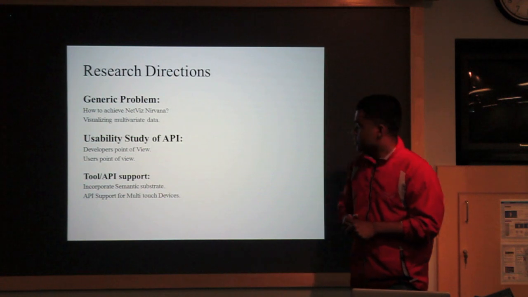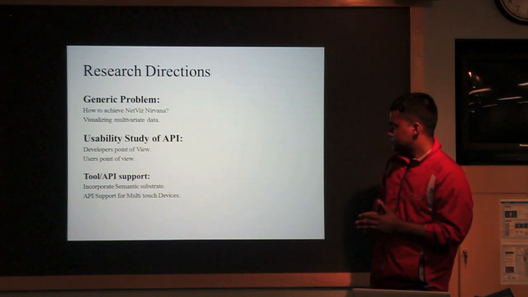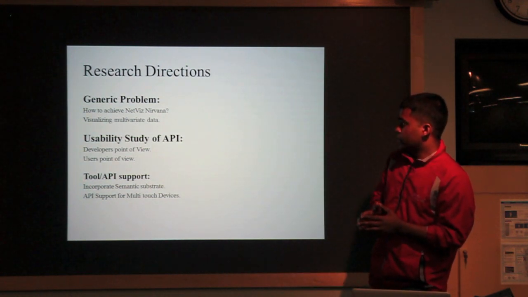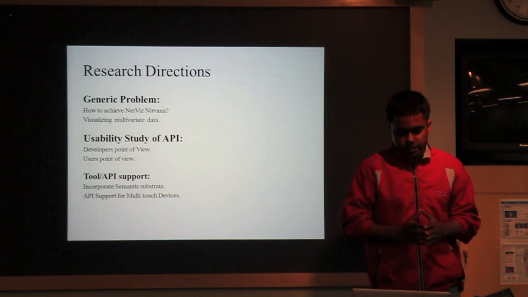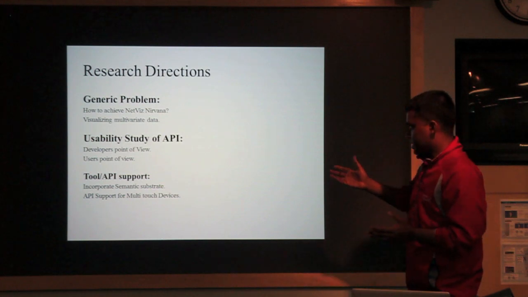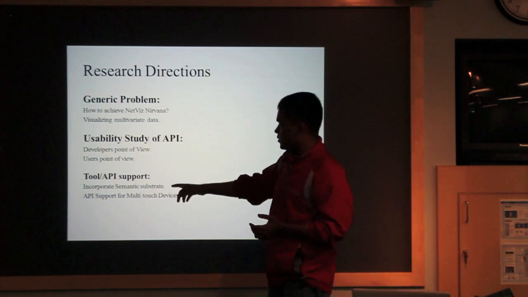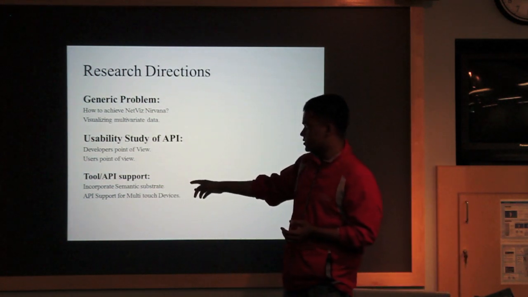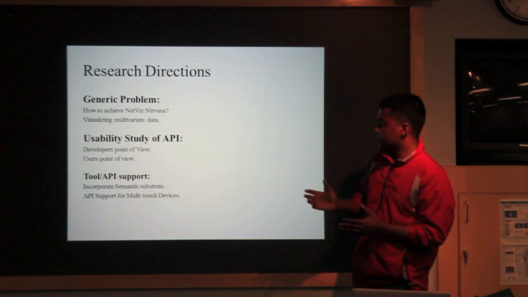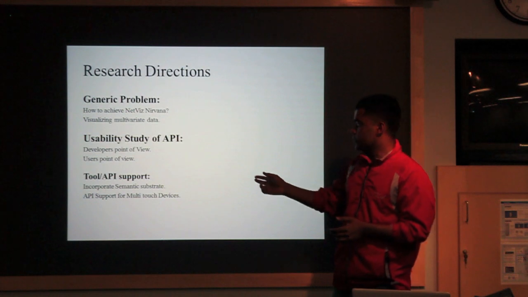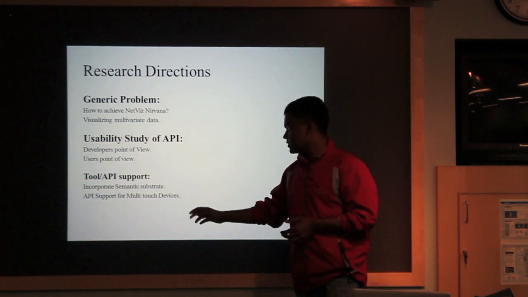Another area you can work on is tool or API support. I've shown you the semantic substrate that was proposed by the University of Maryland, but most of the tools do not incorporate this semantic substrate layout, and it has some limitations. If you want to do further research on these projects, remove these limitations and incorporate this in other toolkits, it can be done.